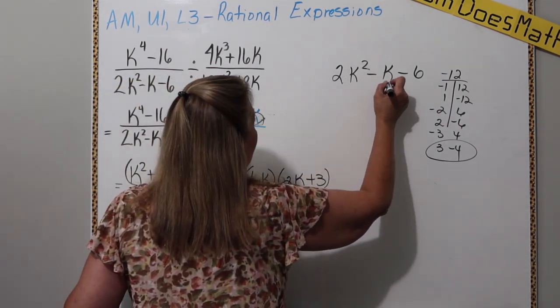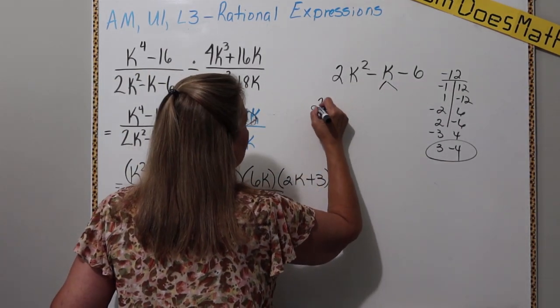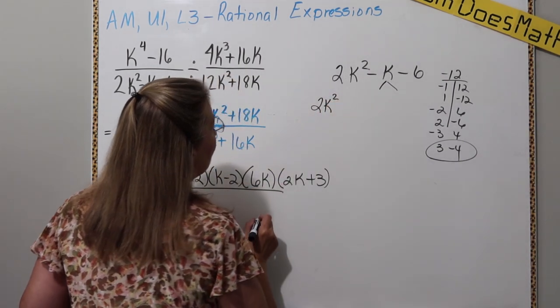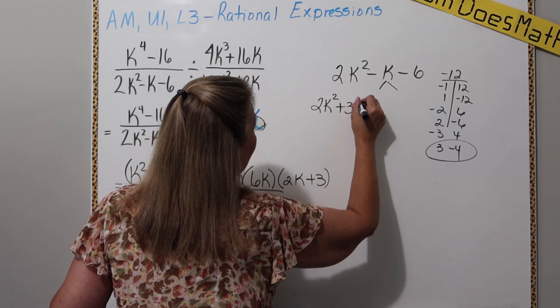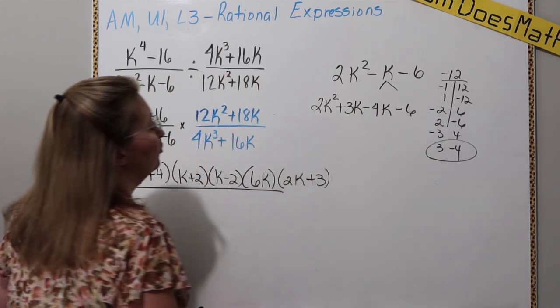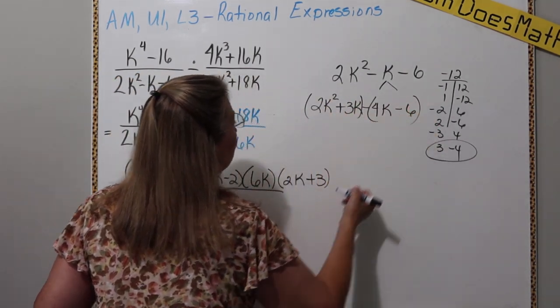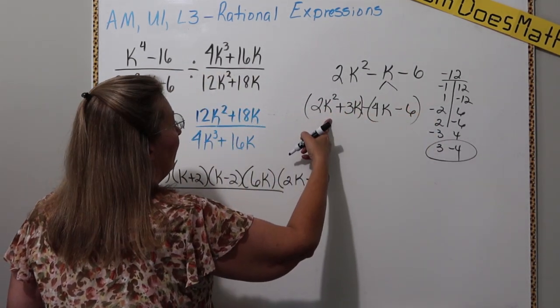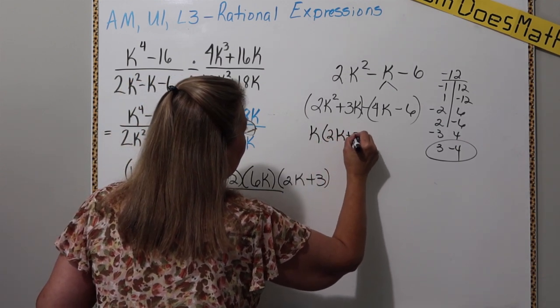So I'm going to rewrite this trinomial into a polynomial with 4 terms. My first term will not change. My second term is going to be broken up into whatever I got down here. And my last term won't change. Now that I have 4 terms, I'm going to factor by grouping. Greatest common factor, k. So I have 2k plus 3.